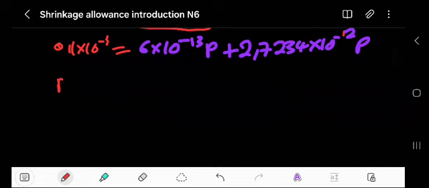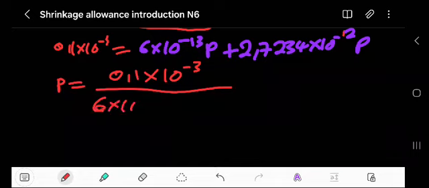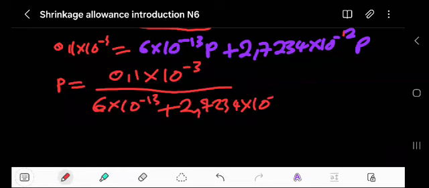Just make P equal, you divide by this coefficient, we'll have 0.1 times 10 to the power of minus 3, divide this whole by 6 times 10 to the power of minus 13, plus 2.734 times 10 to the power of minus 12.